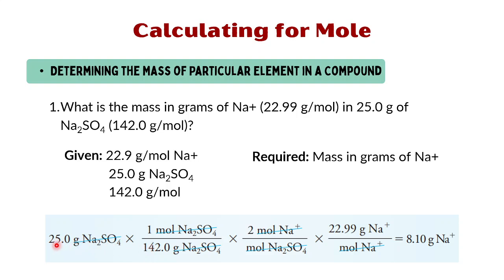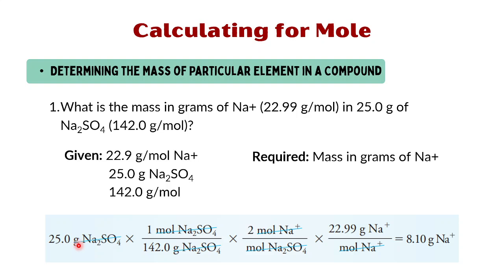Because for every 1 mole of sodium sulfate, there is 142 grams. So, we will not put the label grams per mole here, because the mole goes in the numerator. So our target is to cancel out the unit grams.